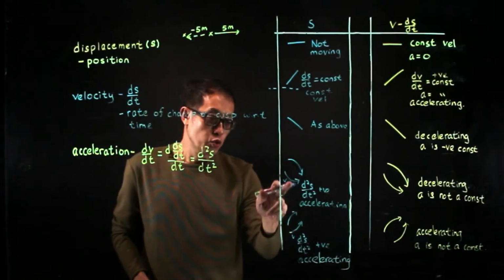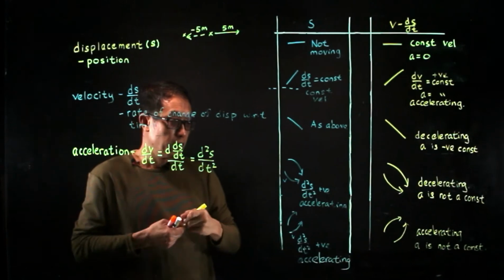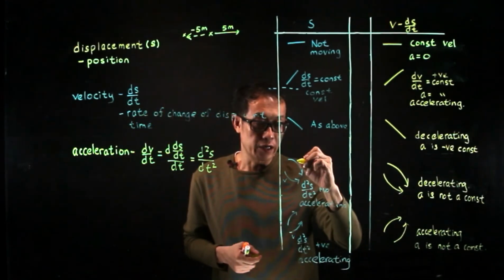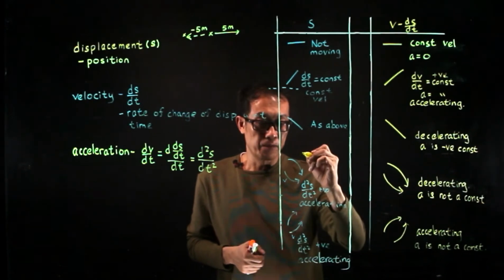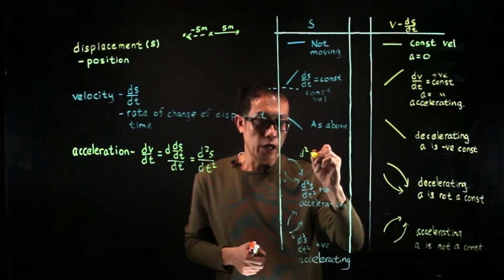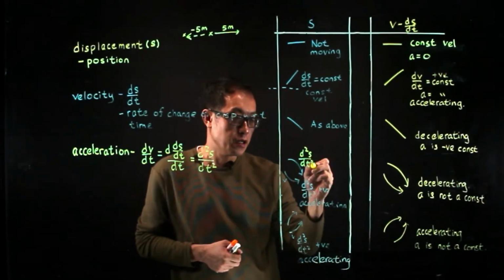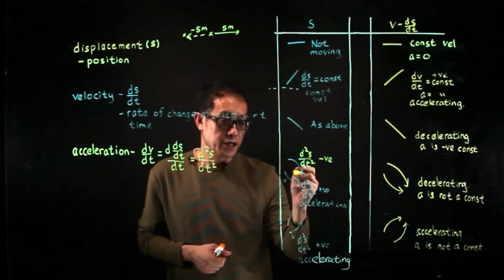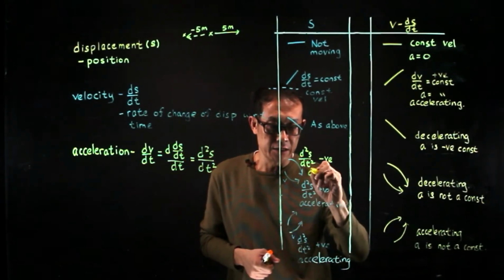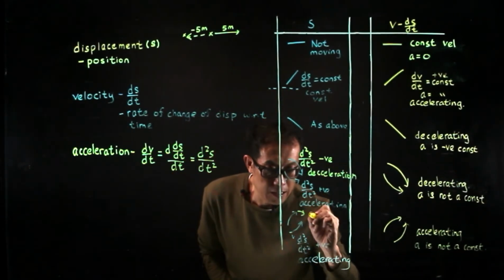Now these two on top are concave downwards, so d2s by dt squared is negative. Negative means deceleration. This one also means deceleration.